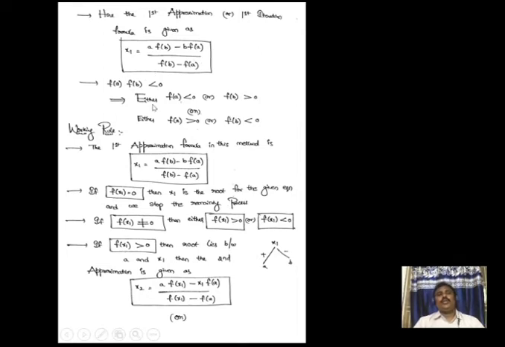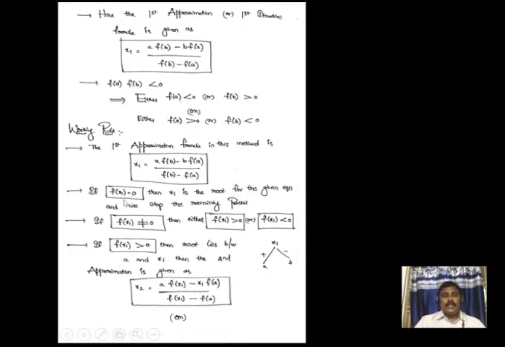Next, we already know that if f of a into f of b is less than 0, that means f of a is less than 0 and f of b is greater than 0, then the root lies between a and b. Here is the working rule. The first approximation, we know the formula is x1 equal to a into f of b minus b into f of a by f of b minus f of a.